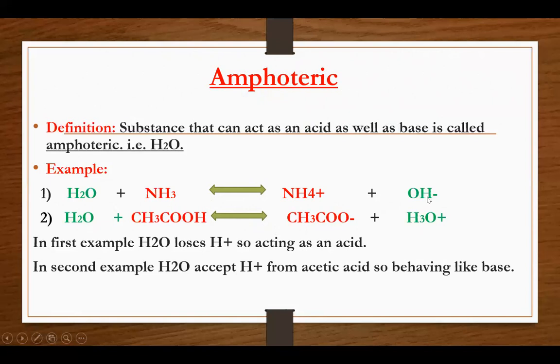It means in the first reaction, water is acting as an acid because it has tendency to lose its proton, while in the second example, water is acting as a base because it has accepted a proton. The substances which can act as acid as well as base are called amphoteric. So, water is the typical example of amphoteric substances.